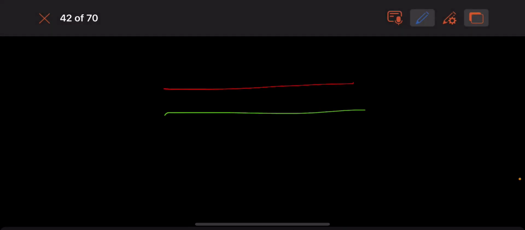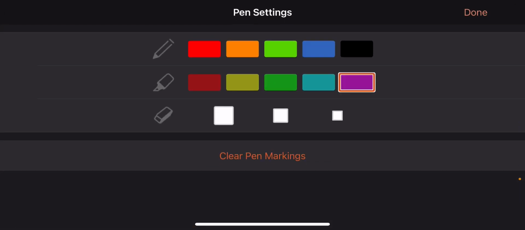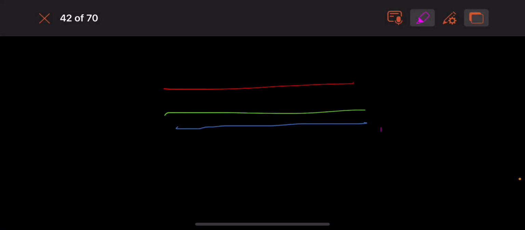You are going to synthesize an mRNA, and the blue one is your mRNA. In this case, this blue one is going to be the same as the red one, because it is complementary to the green one.